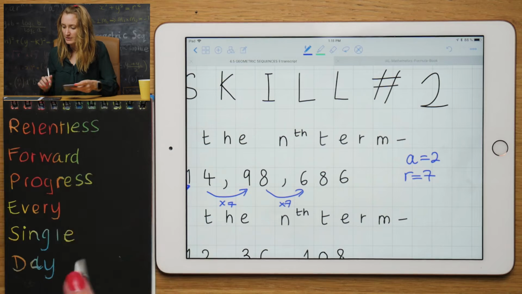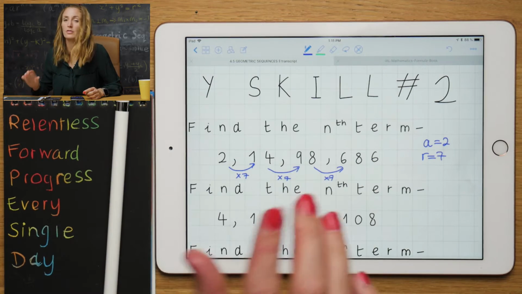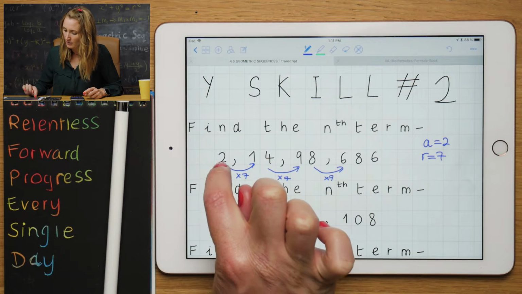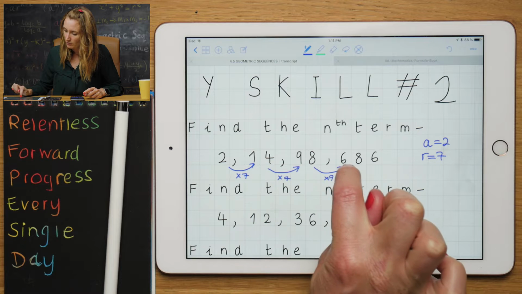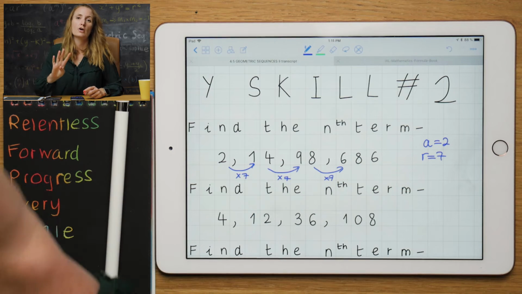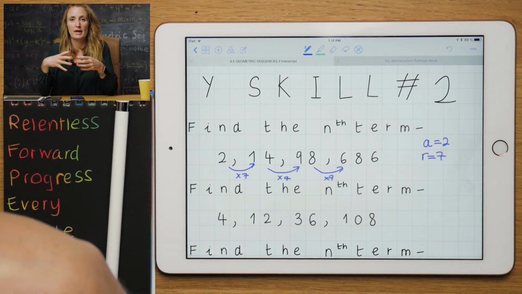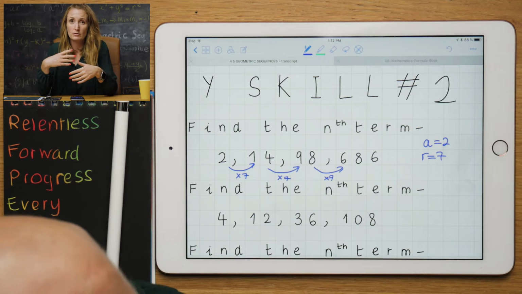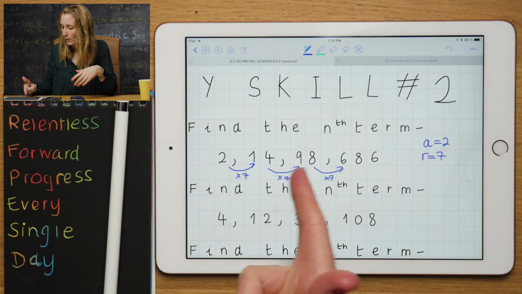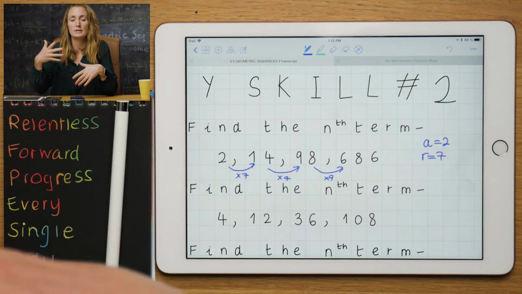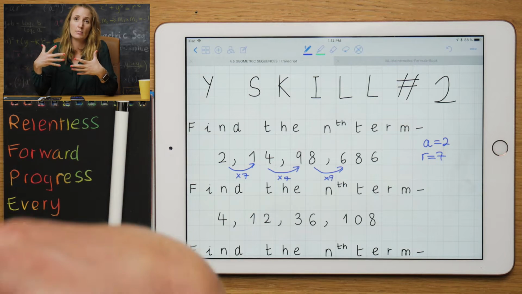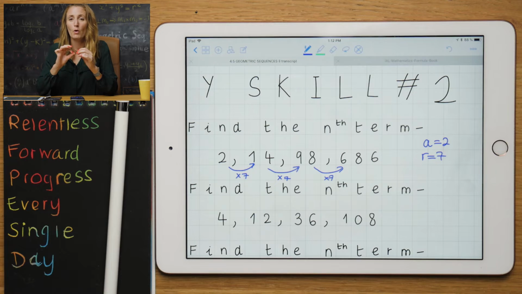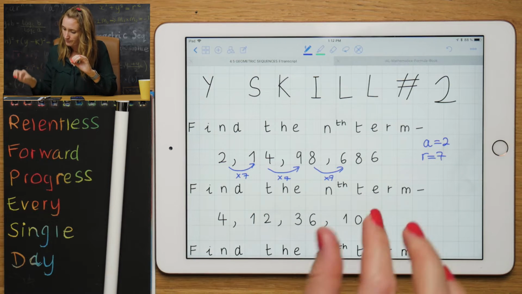Now if I wanted, for example, the 20th term in that sequence, I've been given the first, second, third and fourth terms in the sequence. Say in the exam they ask me for the 20th term. It's going to be very time consuming to go all the way along multiplying by 7 so many times if they ask you for a big number like 20 or 50. What we do instead is we use a formula to go directly to that term.